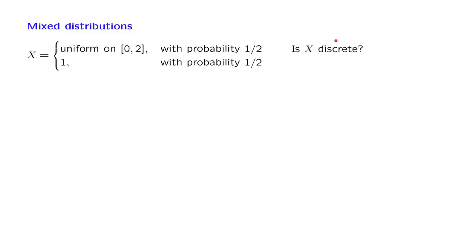Is the random variable x discrete? The answer is no, because it takes values on a continuous range. Is the random variable x continuous? The answer is no, because the probability that x takes the value of exactly 1 is equal to 1/2.